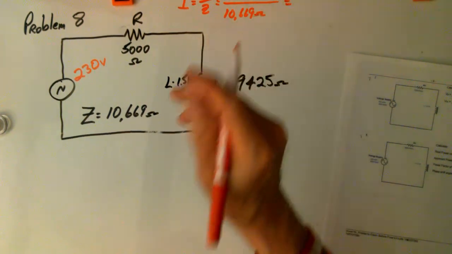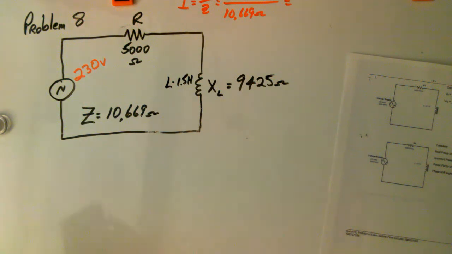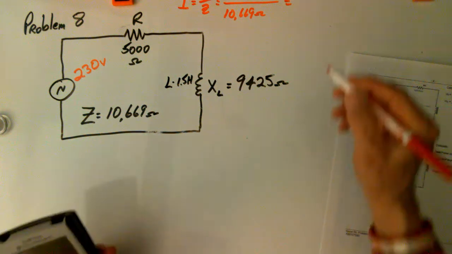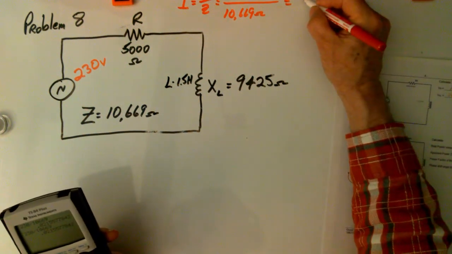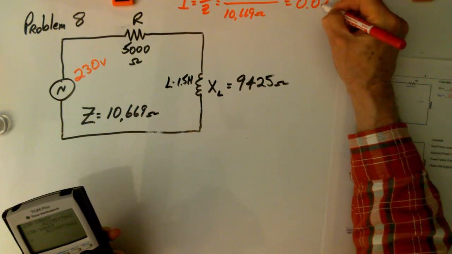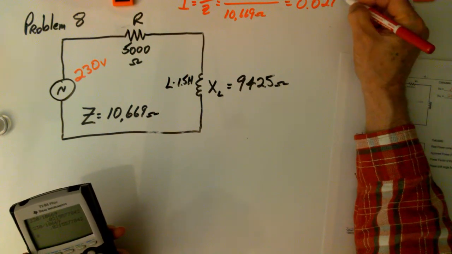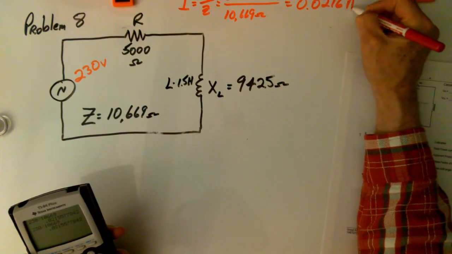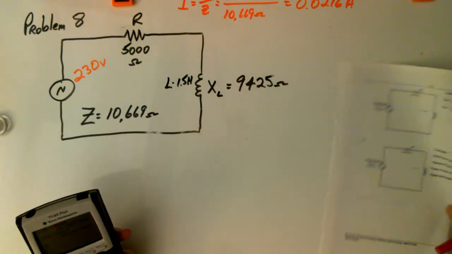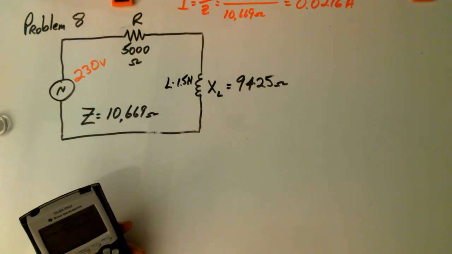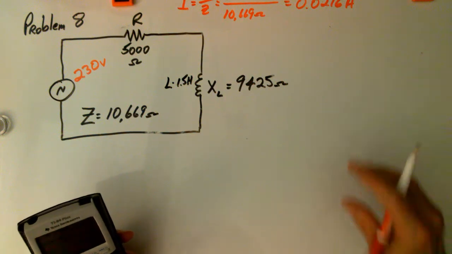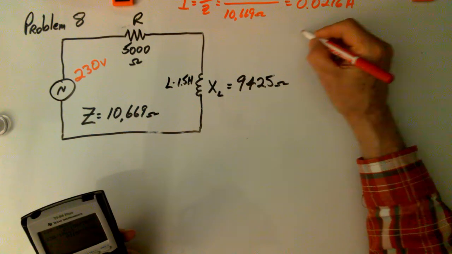And let's see, I'm doing this again, but no harm done. 230 volts divided by 10,669 gives us 0.0216 amperes, right?